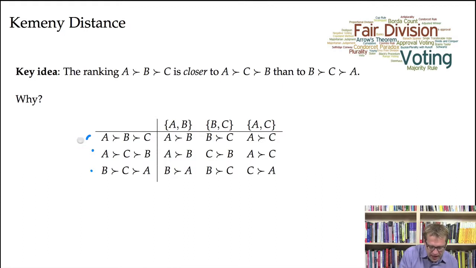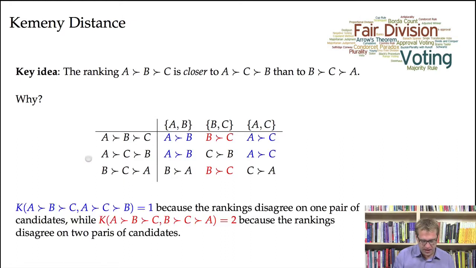Note, A above B above C and A above C above B disagree on just the pair of alternatives B and C. The first ranking ranks B above C, whereas the second ranking ranks C above B. Those are the only pair of alternatives on which they disagree. So the Kemeny distance between those two rankings is 1.